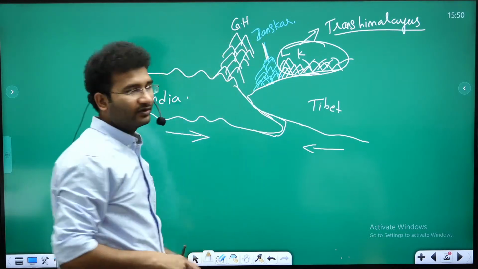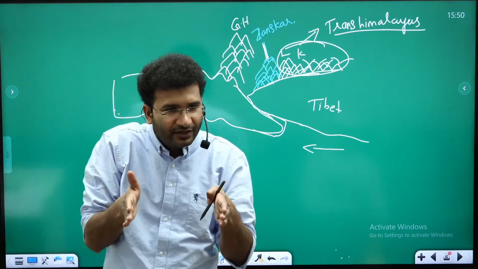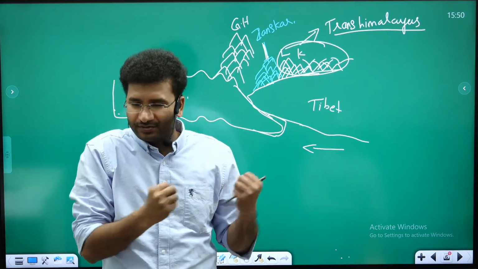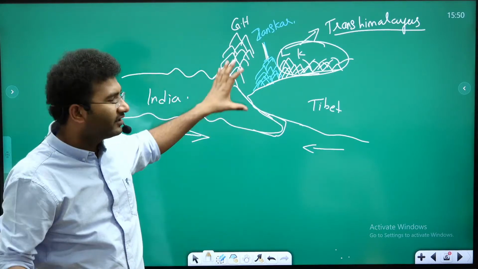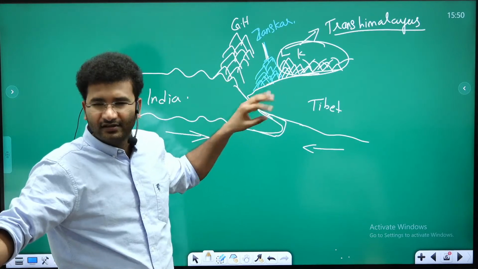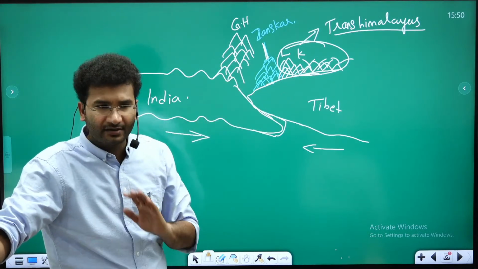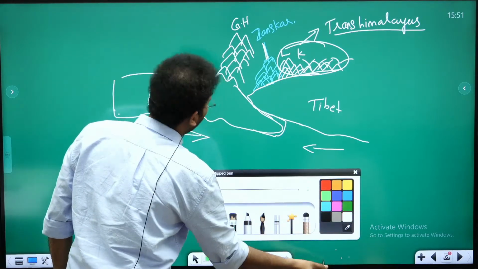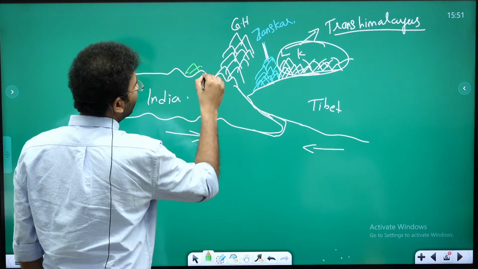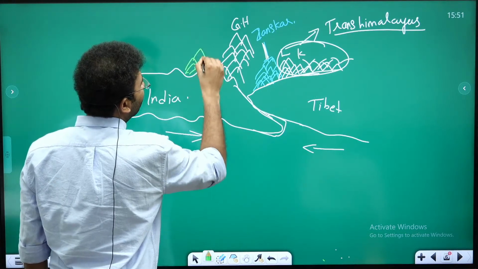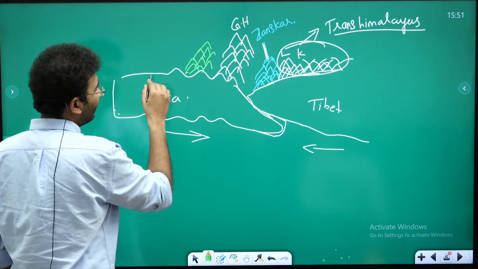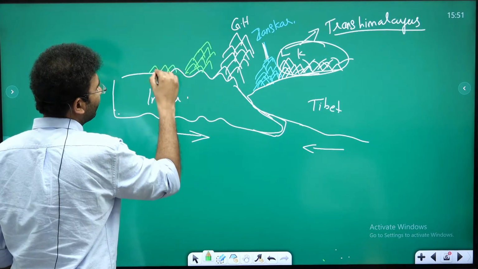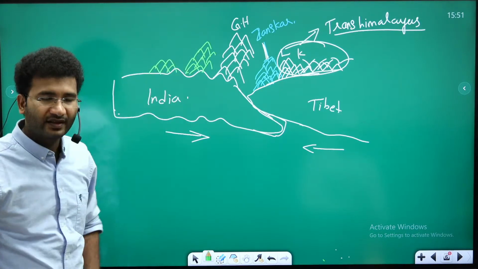Now if you look on to the Greater Himalayas, this is the Greater Himalayas. Why are they formed? It is because of the crustal deformation of India, right? And in the optional class, we will study in very much more detail. This is only for your basic understanding I'm trying to tell you, right? Now the next chain of mountains that are formed are your Lesser Himalayas, whose height is a little lower, and then you have Shivaliks, right?